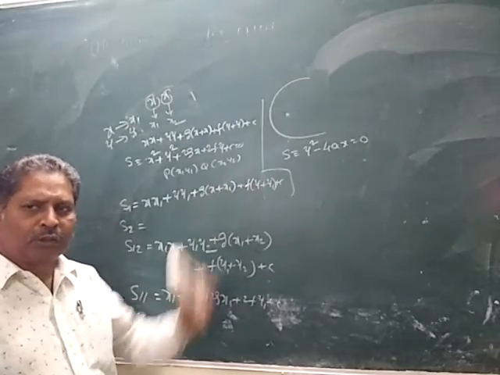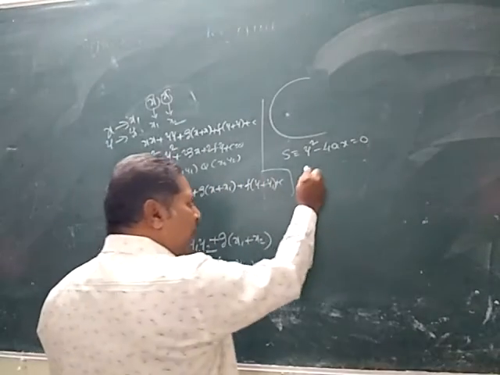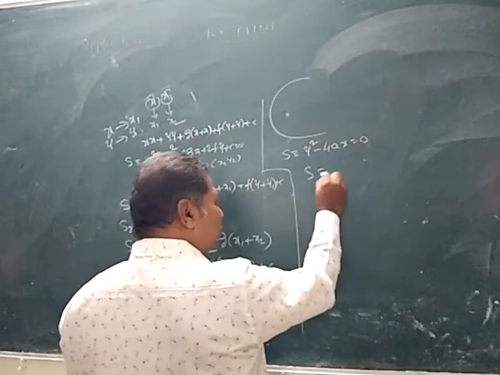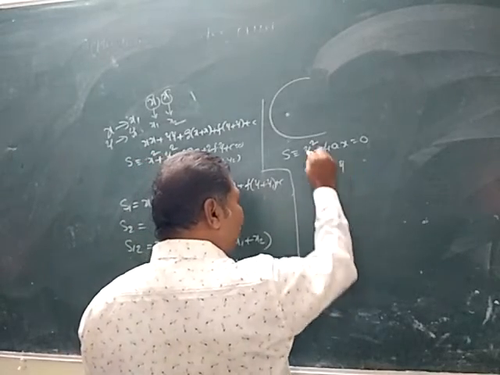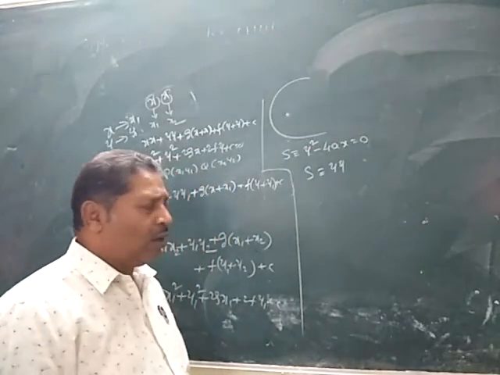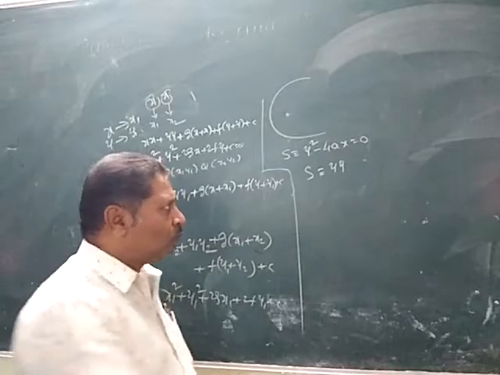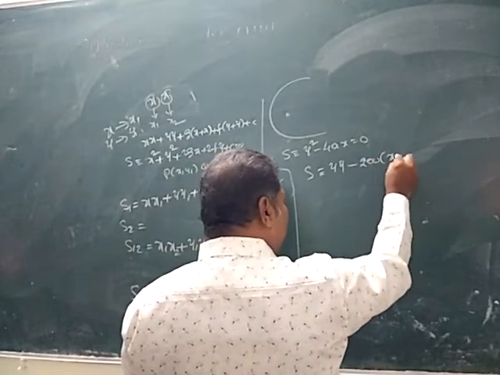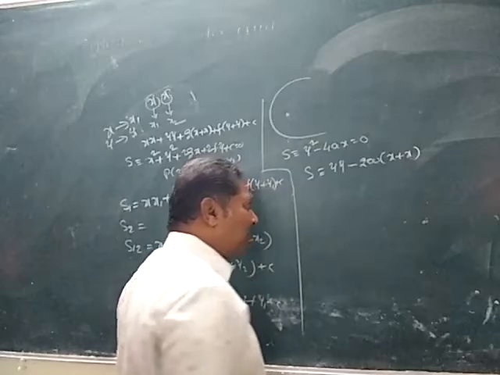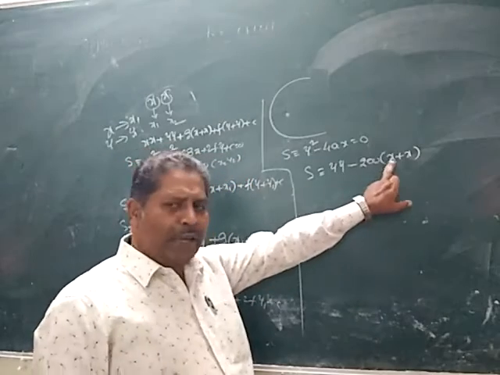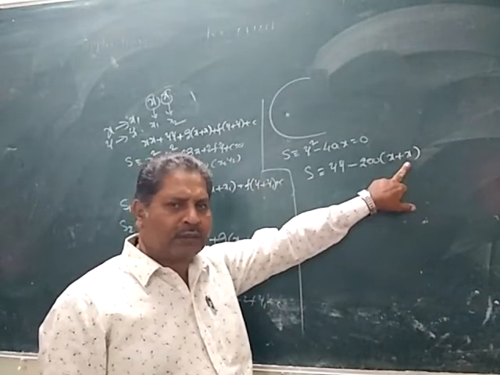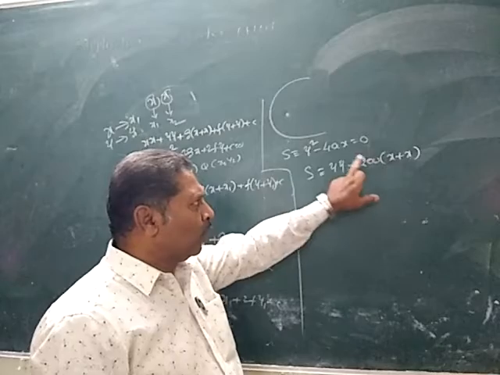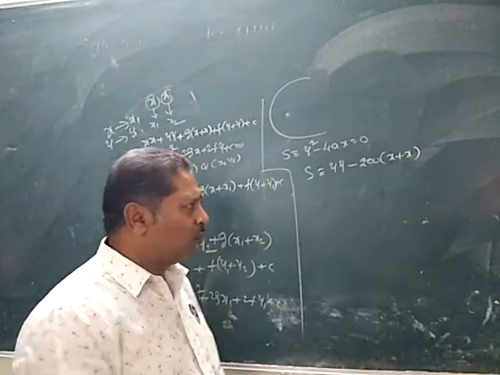Similarly in the parabola chapter, S is identically equal to y square, that is y into y, minus 2a into x plus x, where x plus x equal 2x, 2x into 2a, 4ax.